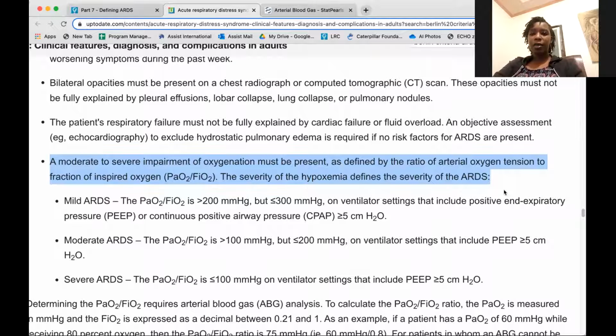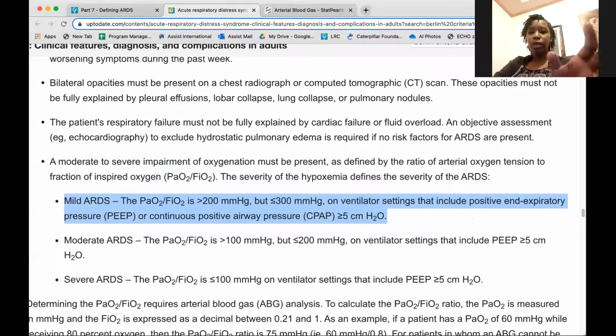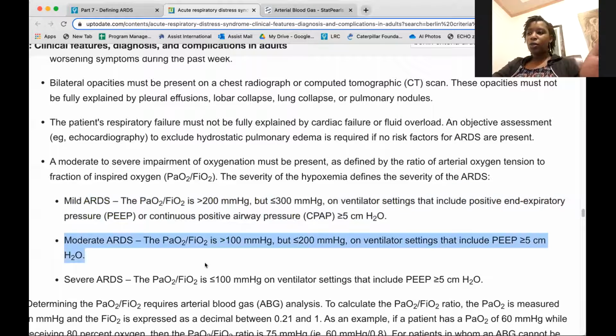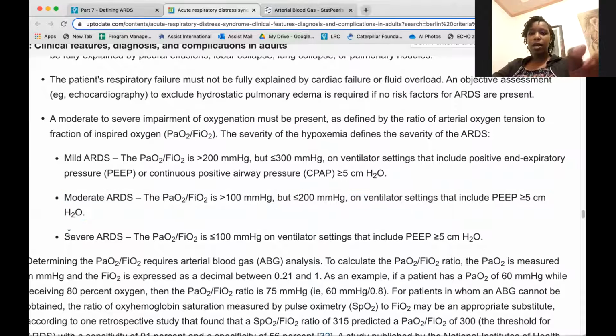In mild ARDS, you're going to get a value of less than 300, but it is more than 200. So in essence, it's between 300 to 200. In moderate disease, you're going to get values between 200 and 100. And in severe ARDS, the ratio is going to be below 100 millimeters of mercury.